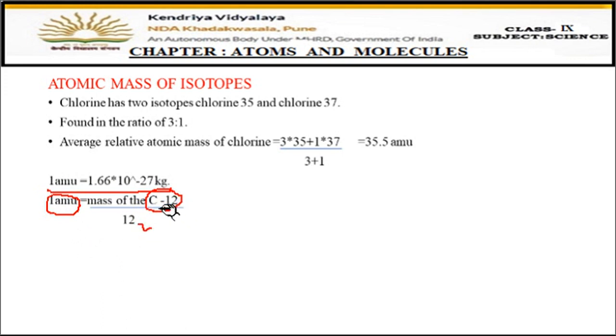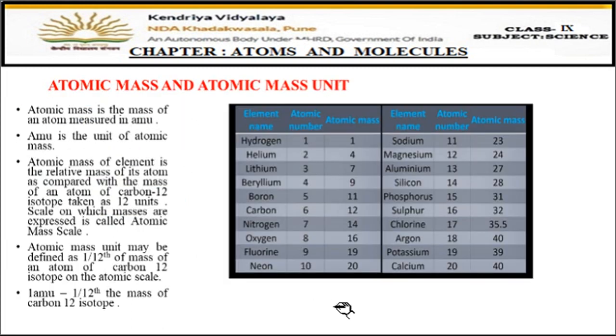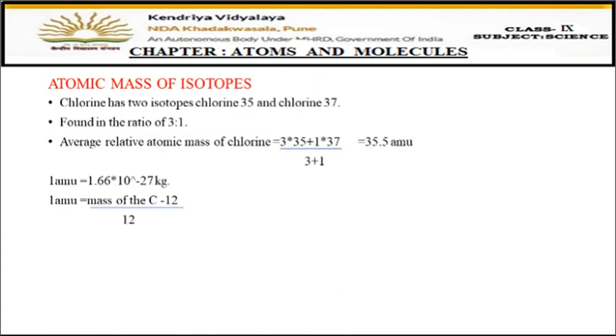So we get this value, and this is equal to 1 AMU, atomic mass unit, which is the unit of atomic mass of an atom. You need not find it with any formulas. You have to just learn the atomic masses from the table, and the definition must be learned by all of you. You must know what AMU is. AMU is the unit of atomic mass. So this much you have to learn from here.